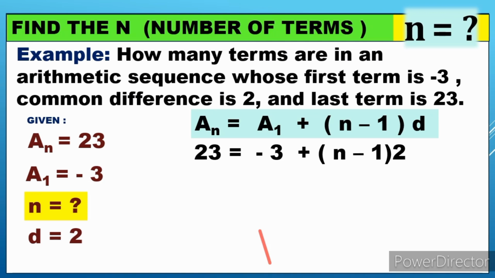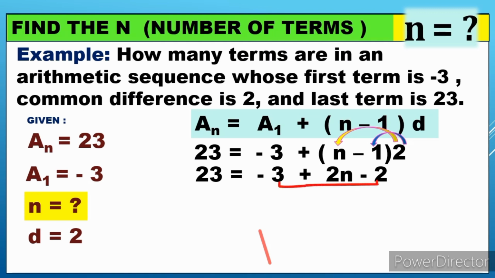We're going to apply the distributive property. So we have 2 times n and 2 times negative 1. Now we have 23 equals negative 3 plus 2n, and 2 times negative 1 is negative 2.